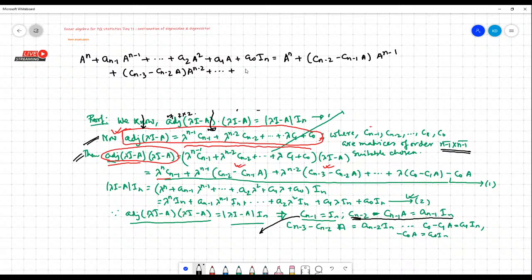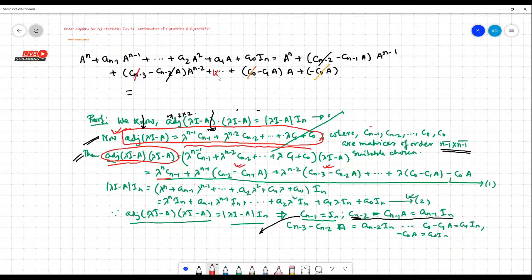And a1 I n equal to C0 minus C1 A, and this is equal to minus C0 A. Now this term cancels, then this term similarly, and this.